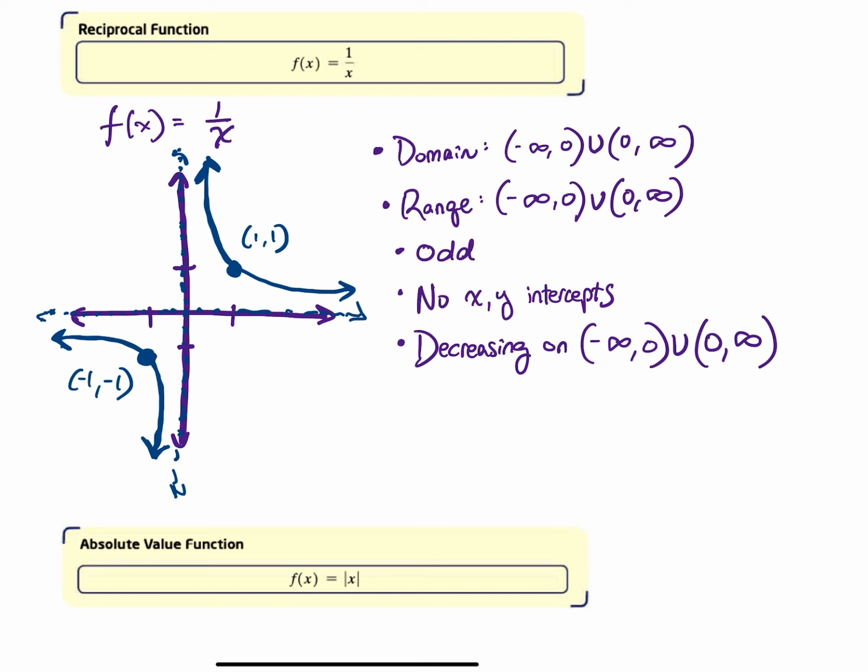Yeah, we can imagine plugging in larger and larger x values. Well, that will make us divide by larger and larger numbers. So we would expect it to get smaller. So that's our decreasing behavior. And then this one has no local min or max, and also no absolute min or max.